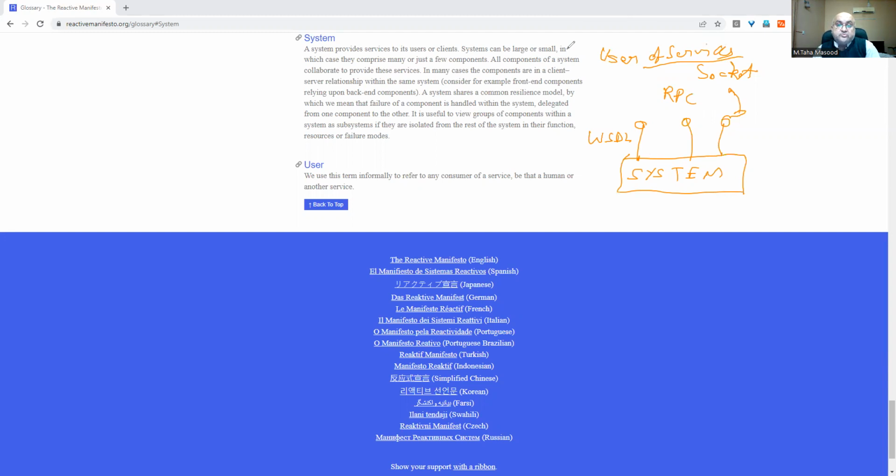Systems can be large or small, in which case they comprise many or just a few components. All components of a system collaborate to provide these services, right?